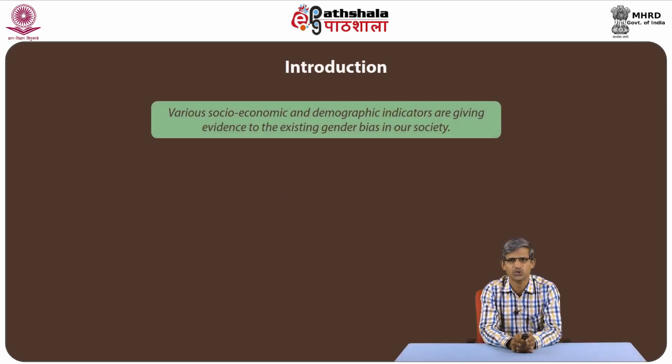We have already seen that the sex ratio is the result of various socioeconomic and demographic factors that influence the gender composition of the population. What does it mean? Primarily, it means that there is some element of gender bias taking place in the society.